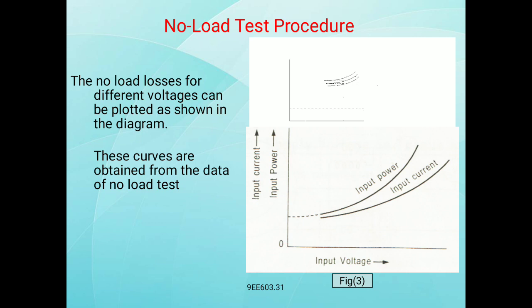Here the input voltage is varying and is taken along the x-axis, and input current and input power are along the y-axis. If the voltage varies, the current varies slowly towards higher values.